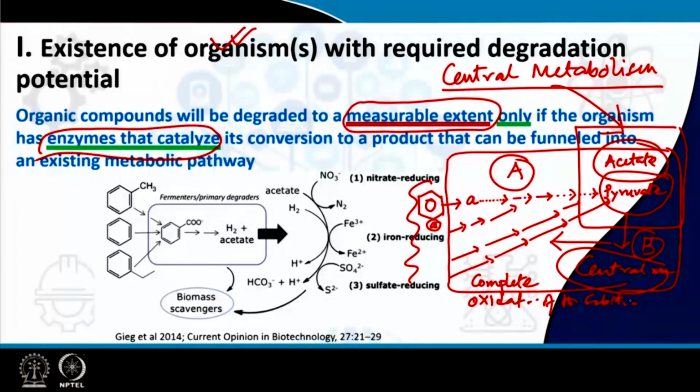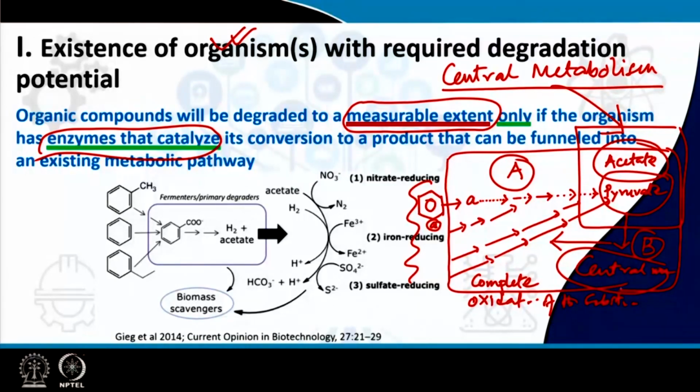So, both A and B are required. If we leave it only on A, then the B part, because central carbon metabolism is anyway running in the cell, all cells perform central carbon metabolism. So, eventually it will run either through the TCA cycle or through a fermentation process. One of the fundamental requirements is that the organism is capable of degrading the compound through phase A, as I mentioned, to a measurable extent, so that the organism will be able to feed the products of phase A into the central carbon metabolism.